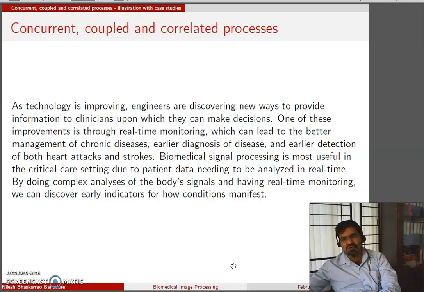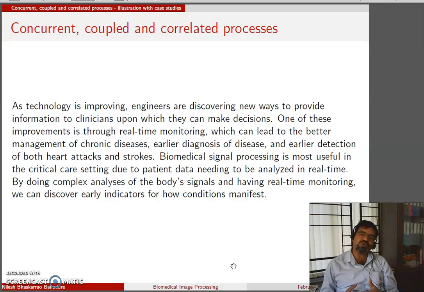Then finally we conclude whether it is a normal activity or abnormal activity, and on the basis of that some decisions are made. Sometimes the decision is also suggested by the computer system, but early detection is always better.